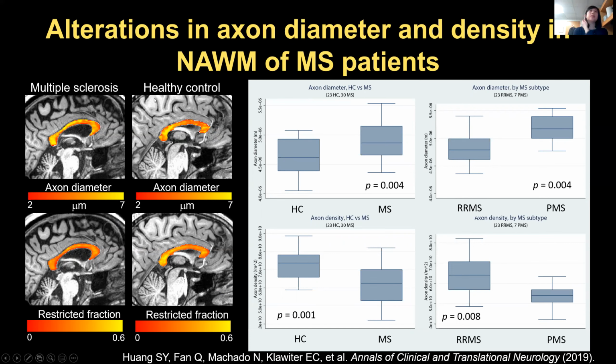In this group, it was 30 MS patients and 23 healthy volunteers. What we saw was that, again, there is a significant increase in axon diameter and decrease in axon density in the MS patients compared to the healthy controls. And this trend is similarly paralleled in the progressive MS patients compared to the relapsing remitting MS patients, who have less severe disease overall.